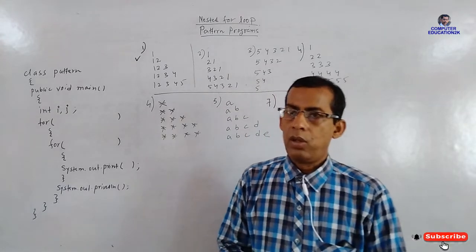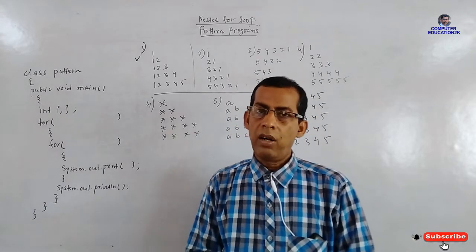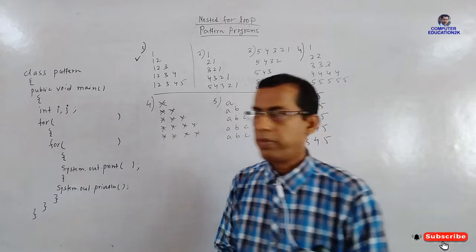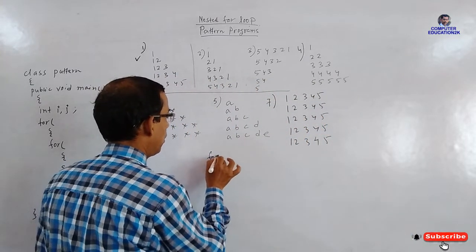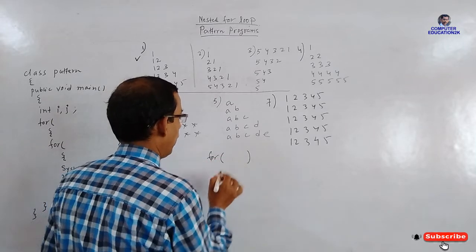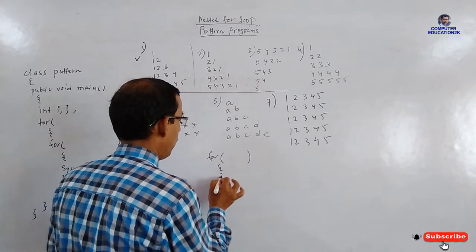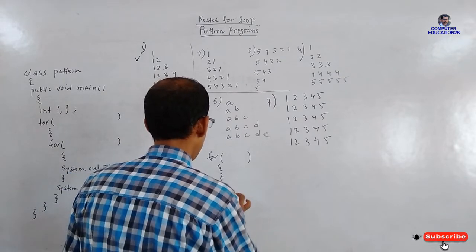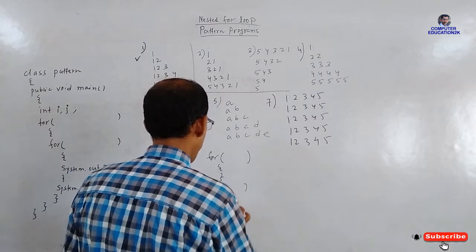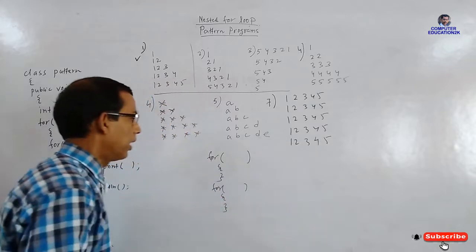Now, I'll just give you an idea of the nested for loop first. Suppose I write a for loop, and this is the body of the for loop, and then I write one more for loop with its own body.